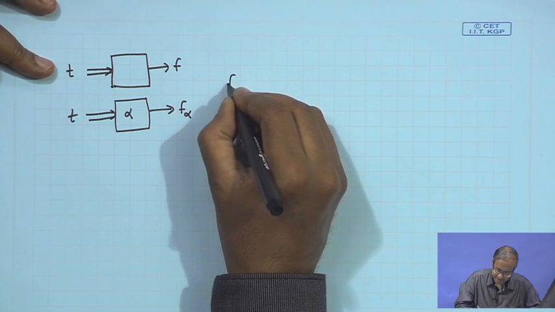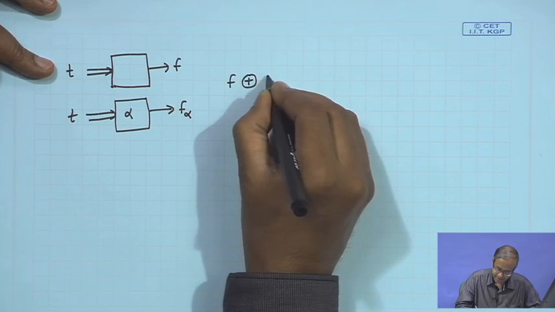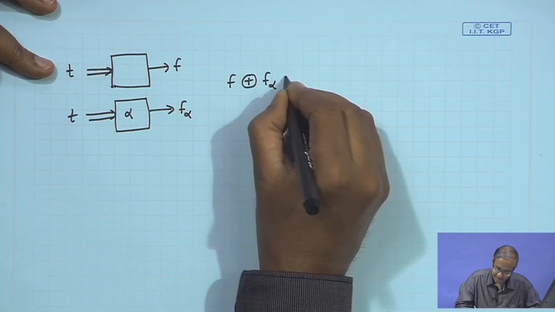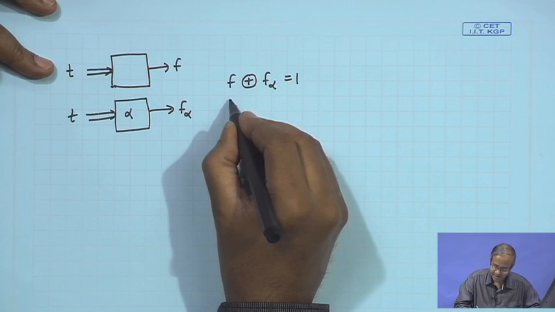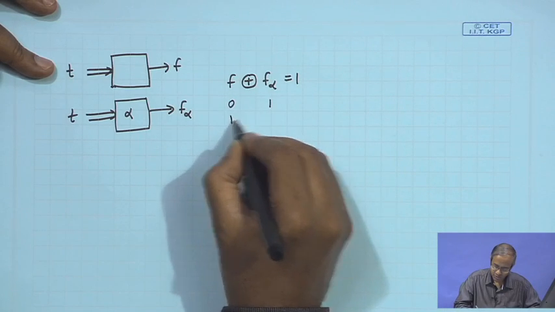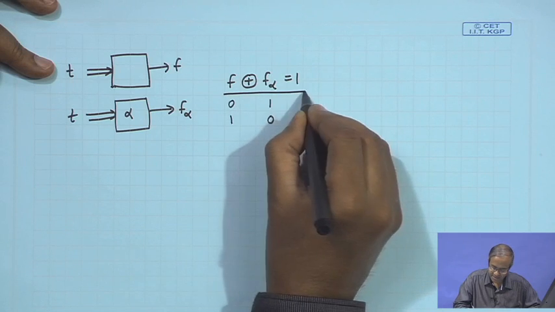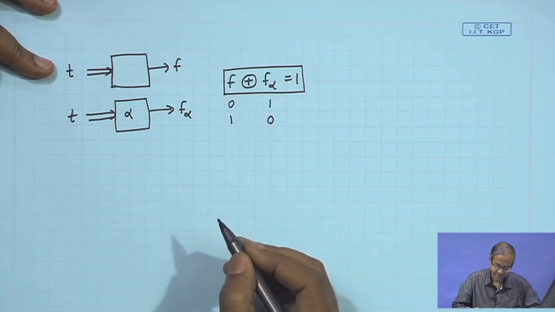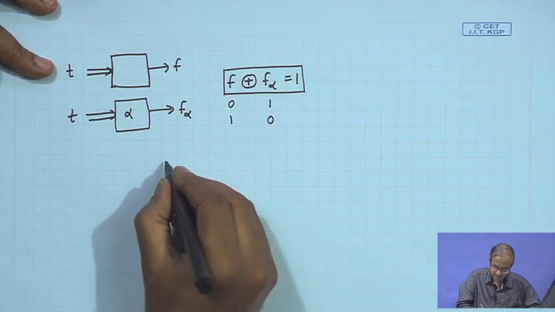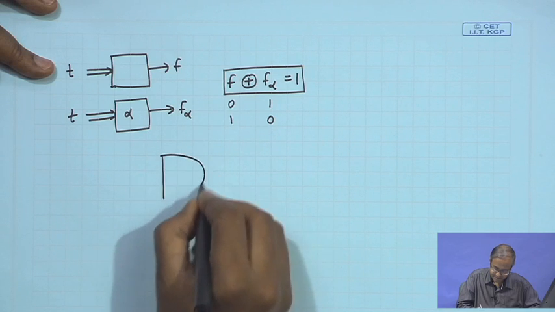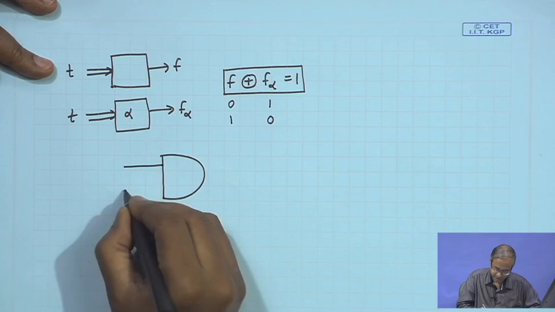If the XOR of f and f alpha equals 1, which means it is either 0 1 or 1 0, which means they are different, then only we say that the fault is getting detected, right. Now, think of an AND gate. Let us take a 2 input AND gate.